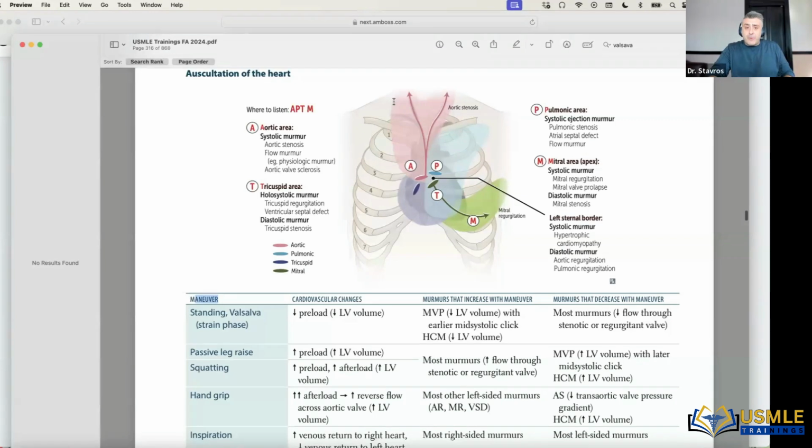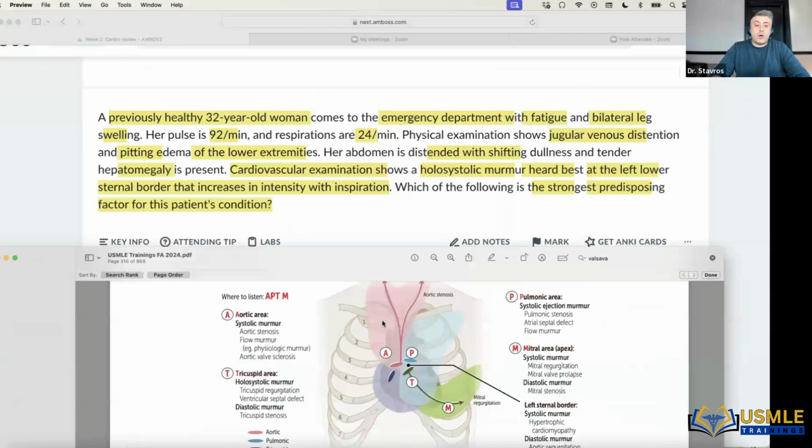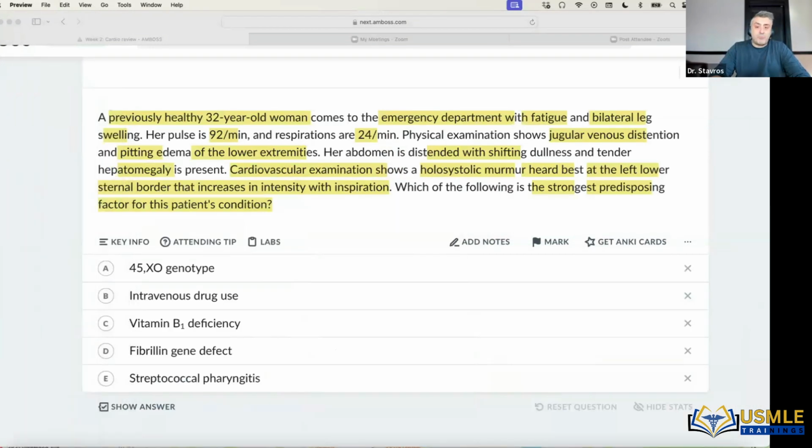I can know where it radiates, right? The sound. And also I could understand the cardiovascular changes. I could understand the murmurs when you do certain maneuvers like passive leg raising or squatting and so on. That's why we do heart first, then lungs, and then renal. Heart, lungs, renal. Cardiopulmonary renal, CPR, because the physio is all very similar, right? Yes. Okay. So we say this now, we say let's move back again.